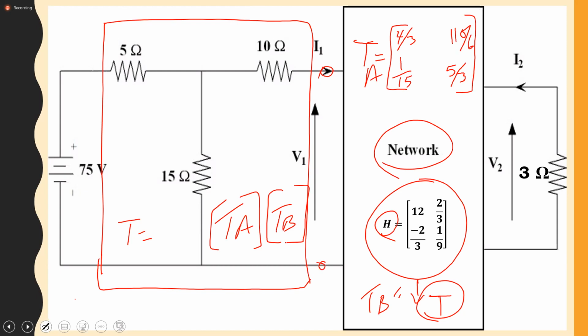Now, how are you going to check to see whether or not doing this is correct? Remember now, the combined network of TA and TB, of networks A and B, this will now be your I1. The I1 will be the current flowing here, yes? Which means that this would be equal to V1.